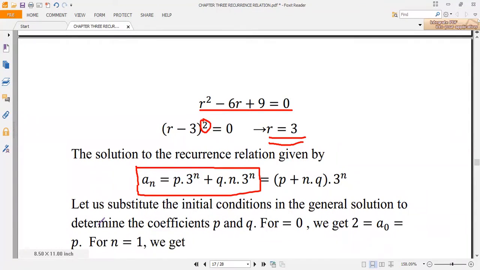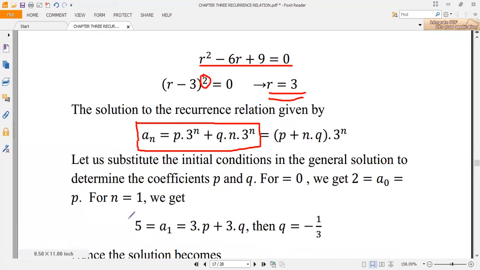Let's now determine the values of the constants so that we can get the particular solution. Substituting n equal to 0, we get 2, which is a_0, equal to p, because substituting n equal to 0 makes the second term 0, so the p value is 2.